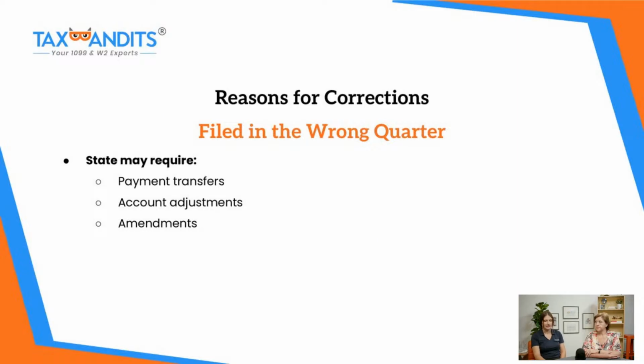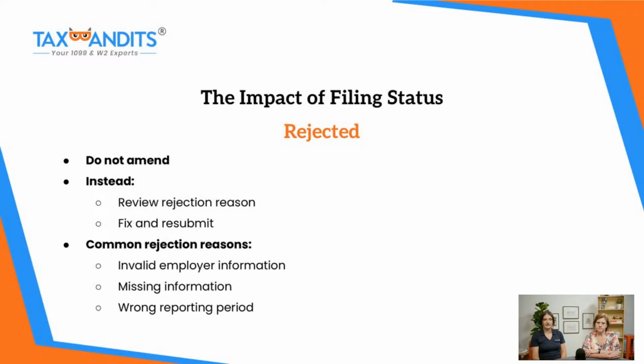It just depends on the process that the state gives you. So correcting the return doesn't necessarily correct the payment that was applied. That's very important to know. Filers should review both the return and the payment to make sure the entire issue is resolved. That's very key in understanding.